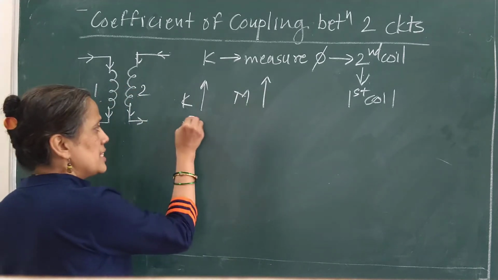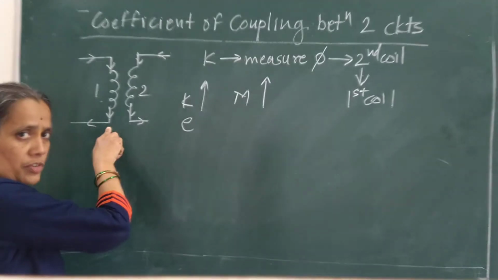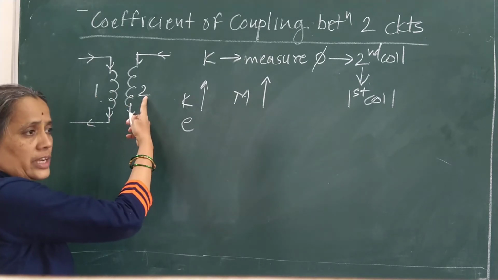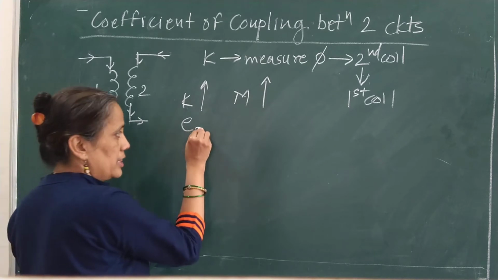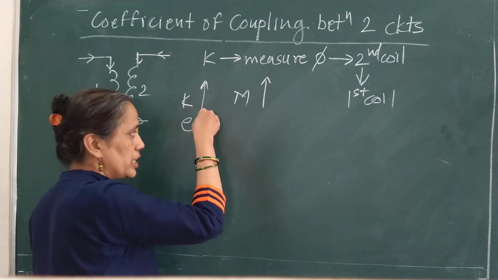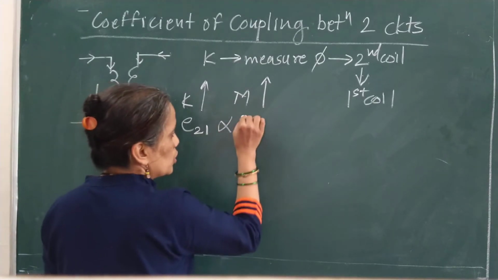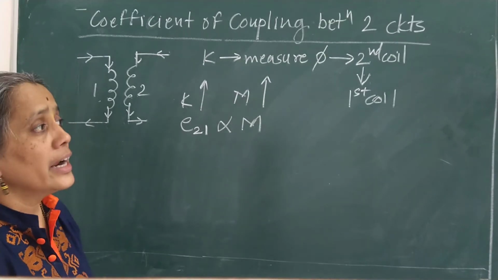In the previous lecture we saw that whenever there is a change in magnetic flux in the first coil, a flux linkage occurs in the second coil, which induces EMF in the second coil, which is directly proportional to M. M is the coefficient of mutual inductance.